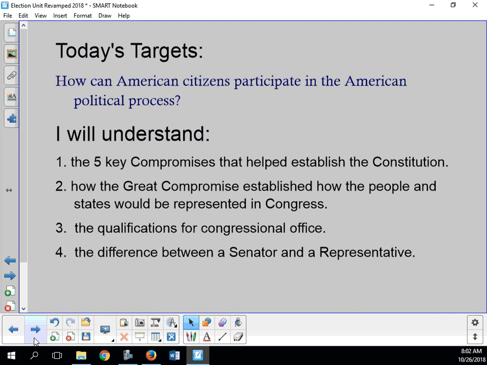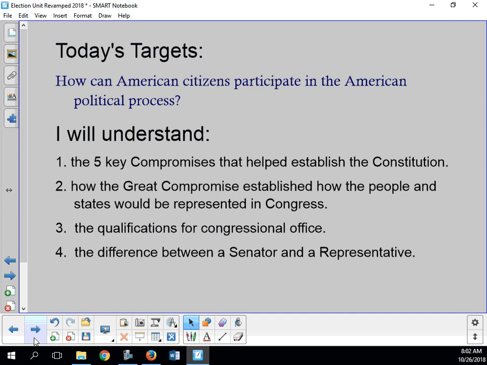We're going to talk about more than that, but first we're going to try to understand the 5 key compromises that help establish the Constitution. We're going to see one of those compromises known as the Great Compromise, and how it established how people and states would be represented in Congress.